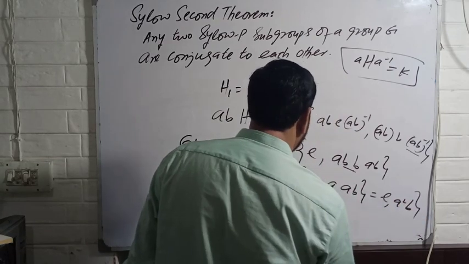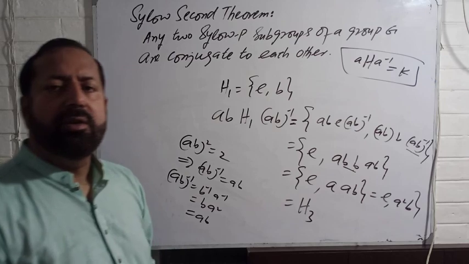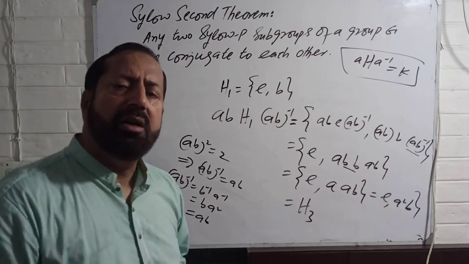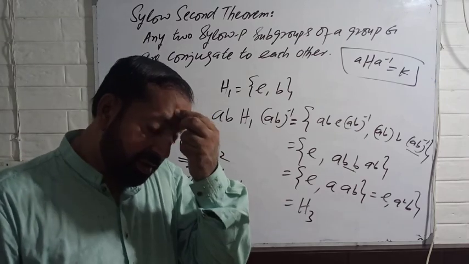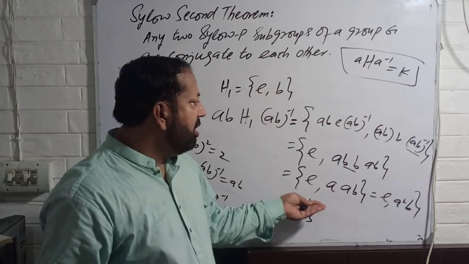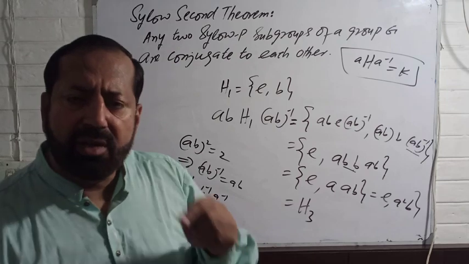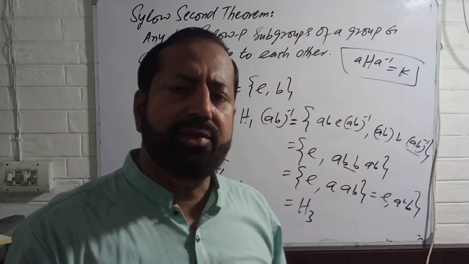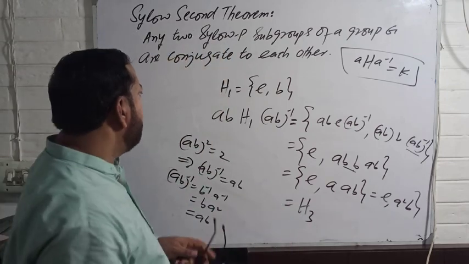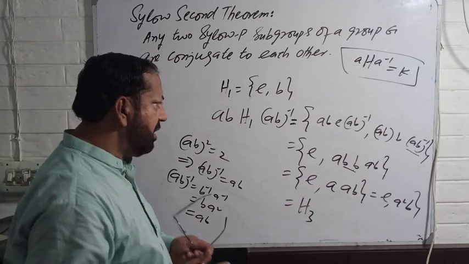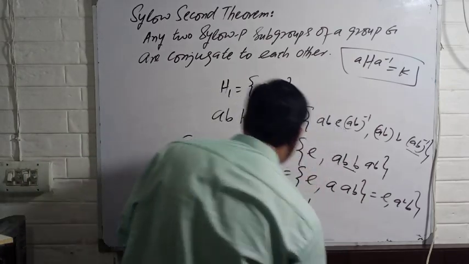This is your H3. Yes. So H3 and H1 are conjugate to each other. Again, you are getting H3. In this way you multiply H1 with all other elements. If you multiply by A square, then what will happen? You can check.